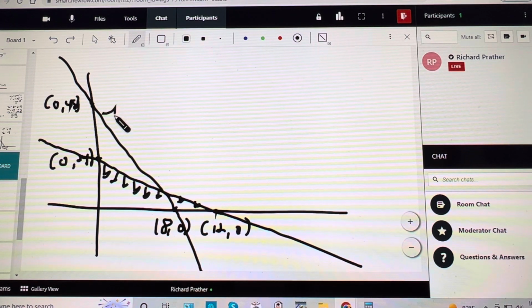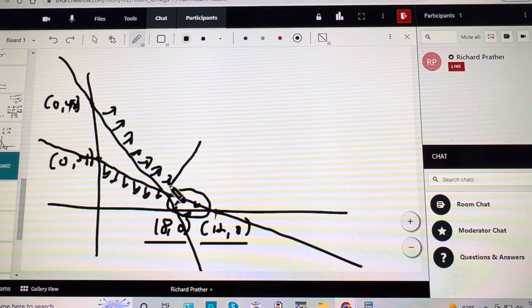Right there. It's this little triangle right there. So we've got 8, 0, we've got 12, 0, and then whatever this is, where they cross each other. Those are going to be our three corner points.